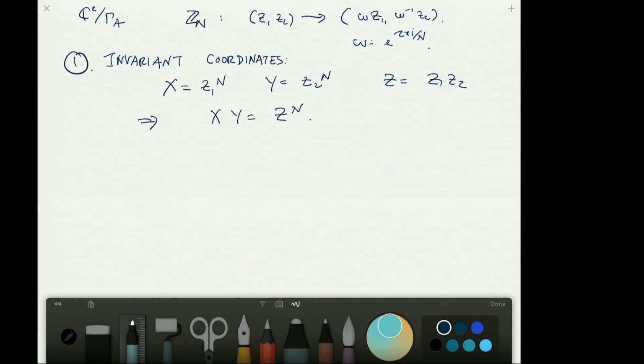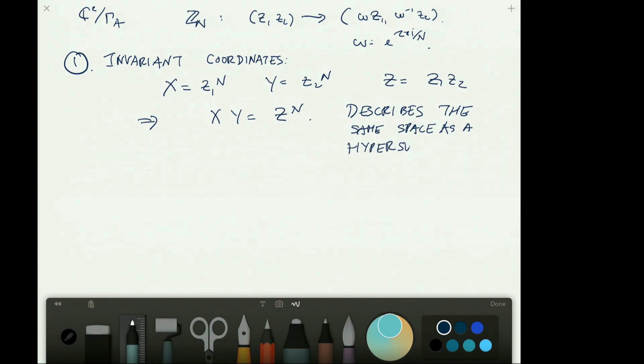Right, so this basically describes the same space. And so x, y, and z I can now think of as independent coordinates that satisfy this equation. So this describes the space as a hypersurface: an algebraic equation in some ambient space, a surface in C3.